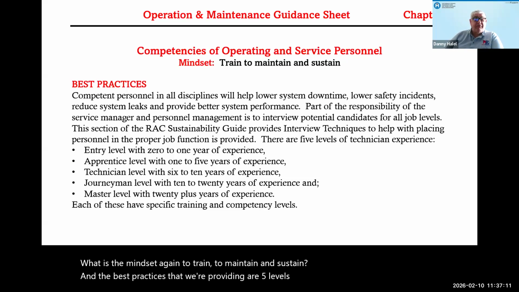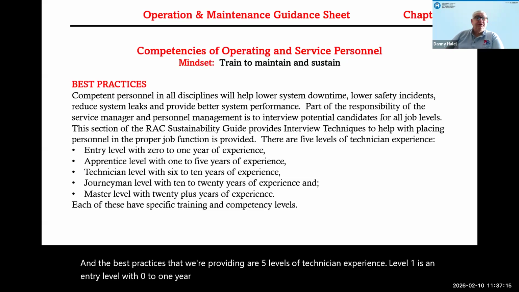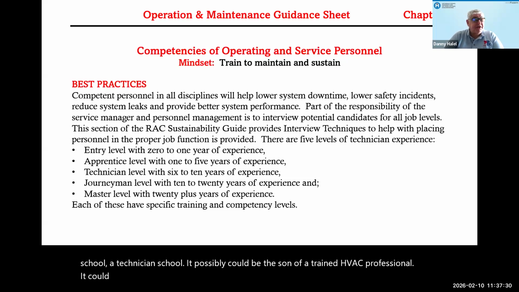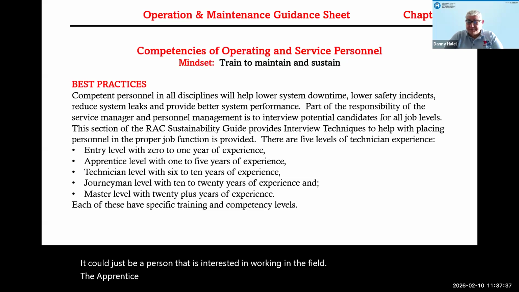Level 1 is an entry level with 0 to 1 year of experience. This is the guy that's just gotten out of maybe a technician school. It possibly could be the son of a trained HVAC professional. It could just be a person that is interested in working in the field. The apprentice level with 1 to 5 years experience.